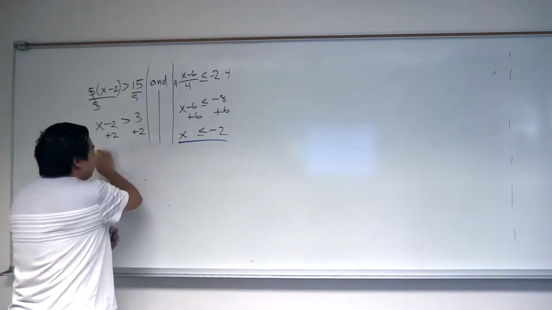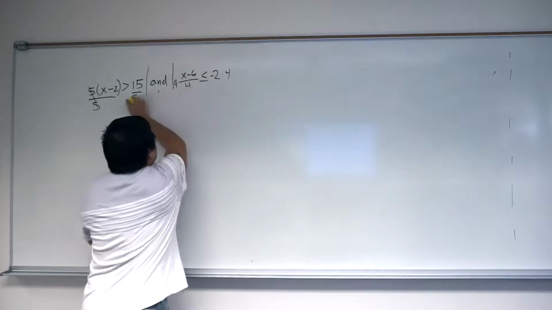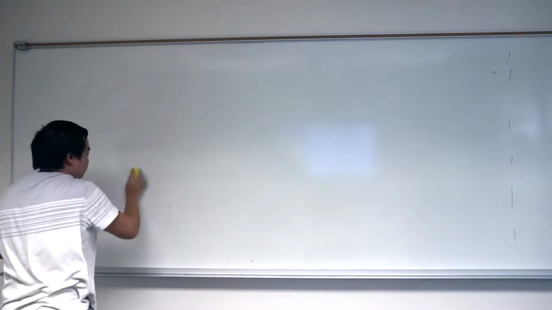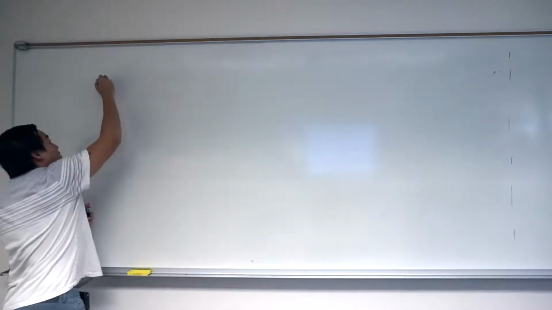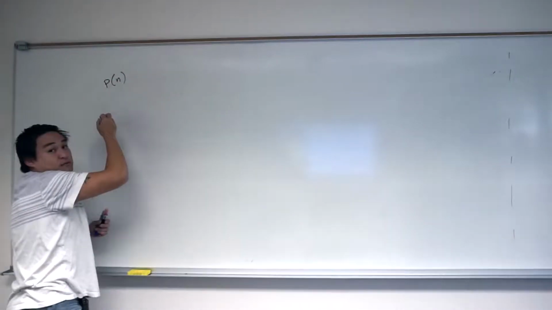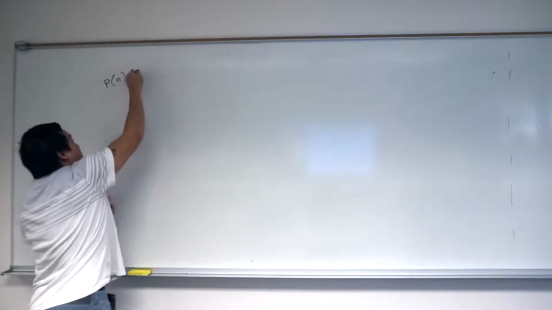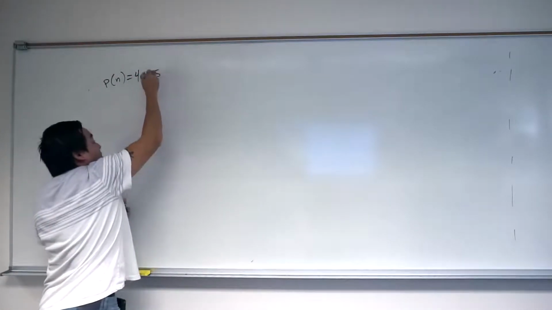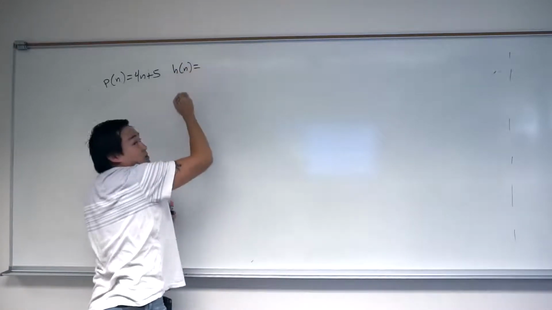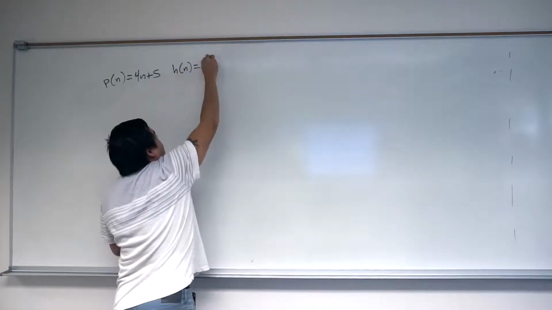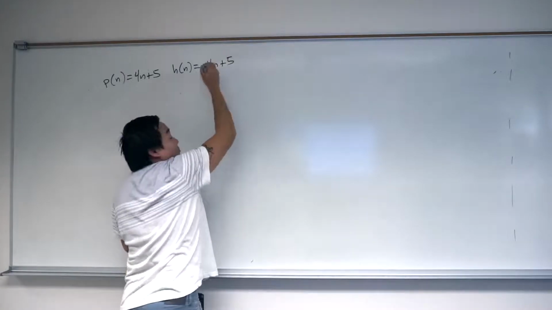This one is a little bit more complicated because it uses function notation. So let's go ahead and write that. P of n is equal to 4n plus 5. H of n is equal to negative 4n plus 5.